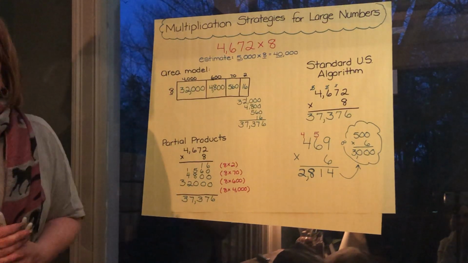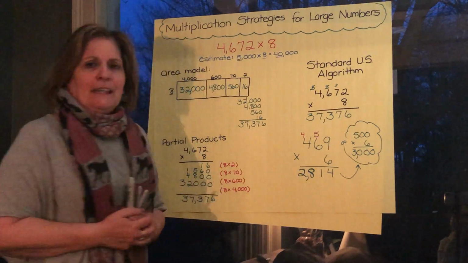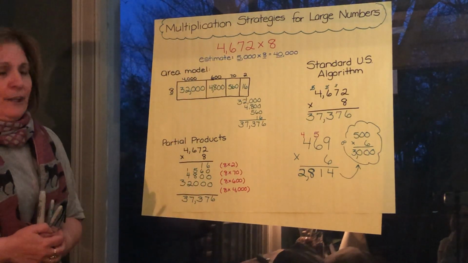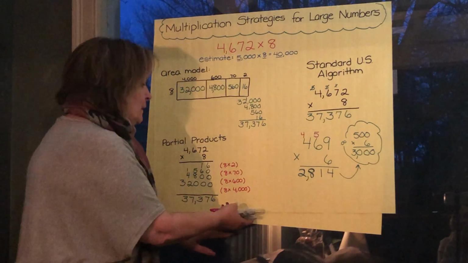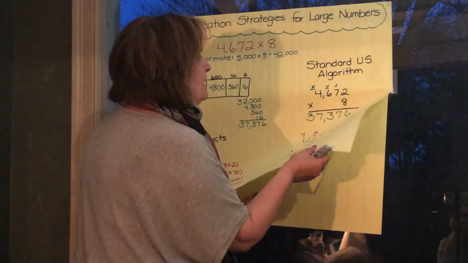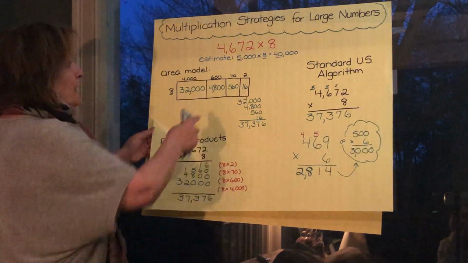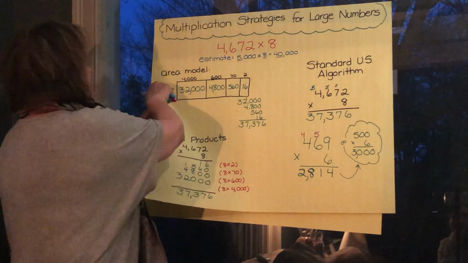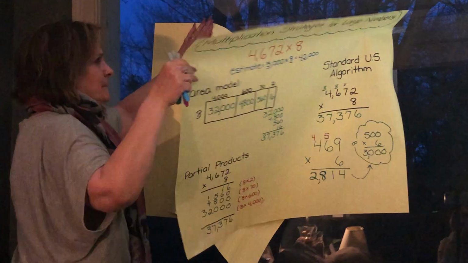I know that 3,000 is an overestimate, and so this answer is reasonable. We're going to go through it one more time. We're going to do one more together, and then I'm going to have you try all of these strategies and then focus on our standard algorithm. Okay, let's take that down.